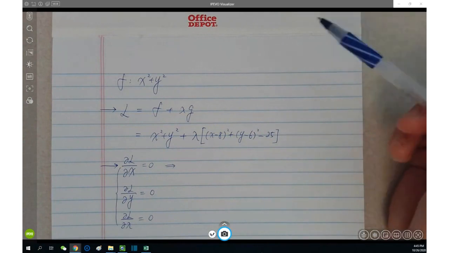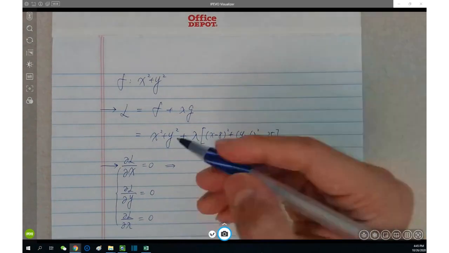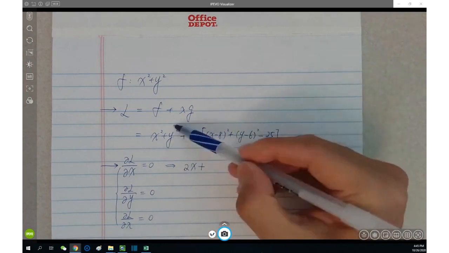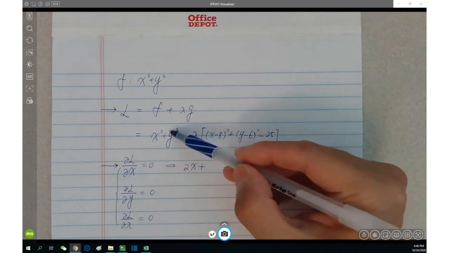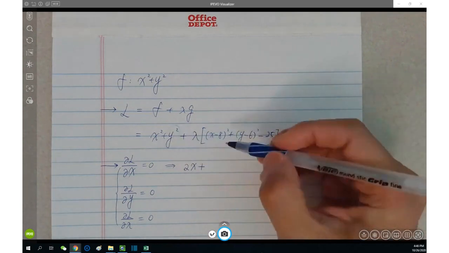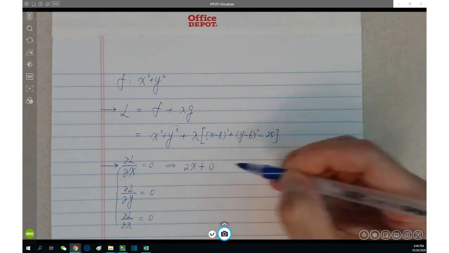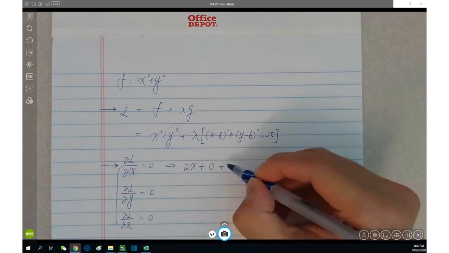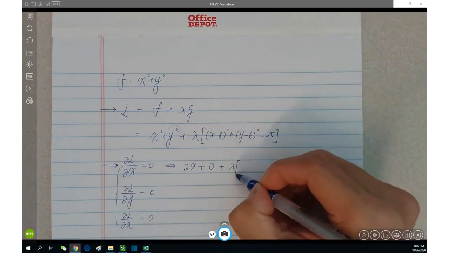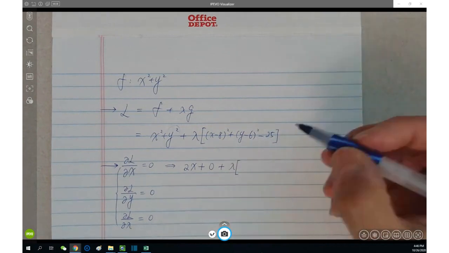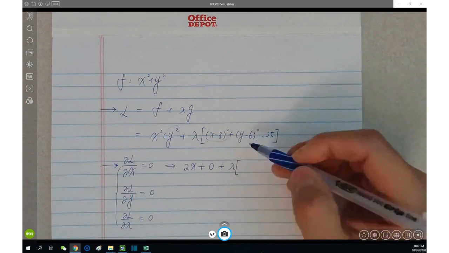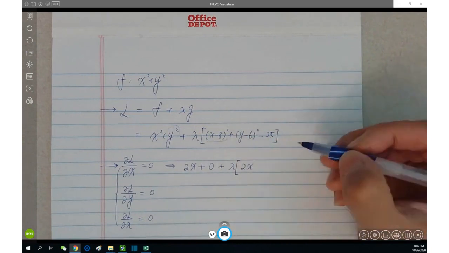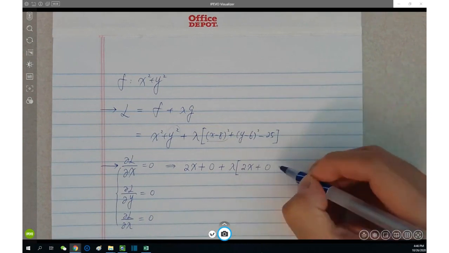So with respect to x, what do we have? 2x plus what? Derivative of this term with respect to x equals what? 0. That's right. Plus lambda times brackets. Inside the brackets, the derivative of this term is 2x, plus 0 again, minus 0 again.